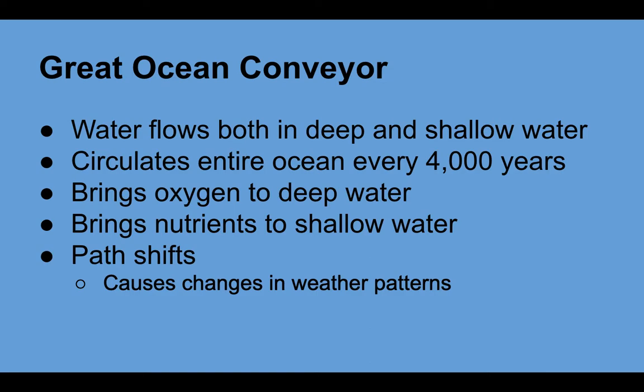This allows life to exist throughout the ocean. Without this ocean conveyor belt going, everything would die, because this is the only way we get oxygen to the deep water. So photosynthesis is happening at the top of the ocean, and then as the water cools and sinks, the oxygen in that water is brought to the lower areas of the ocean, and it brings nutrients from the lower ocean where things have fallen and decomposed and rotted away into their elemental nutrients.